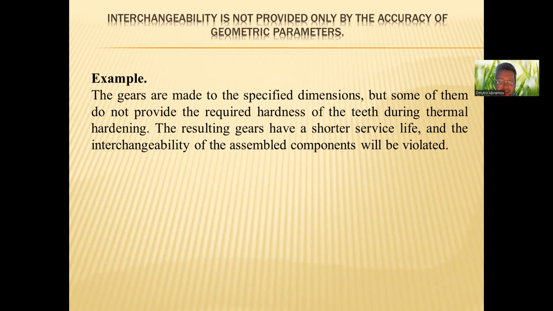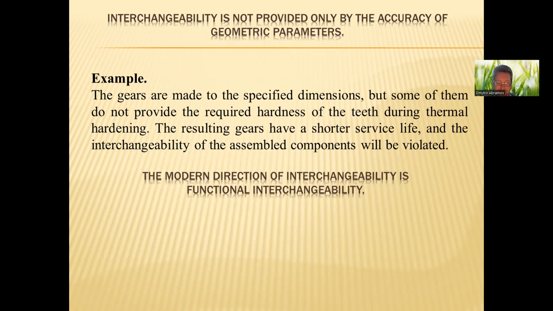For example, gears are made to specific dimensions, but some of them do not provide the required hardness of the teeth during thermal hardening. The resulting gears have a shorter service life, and the interchangeability of the assembled components will be violated.